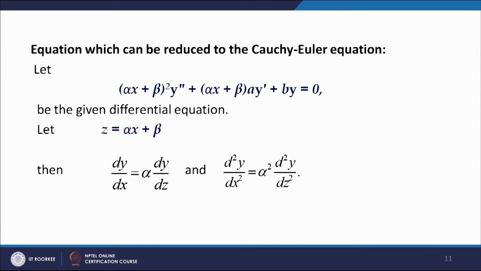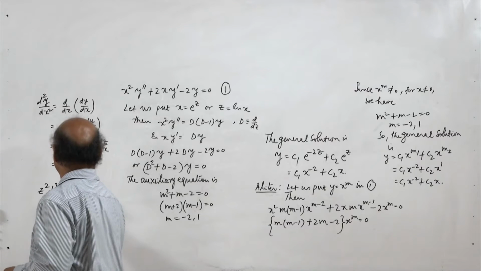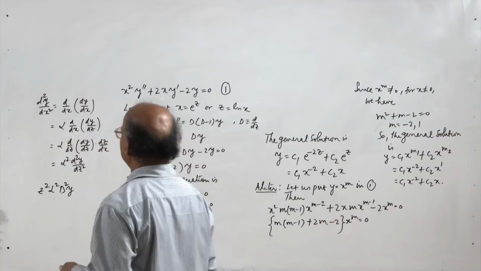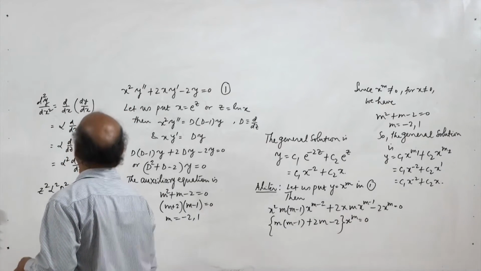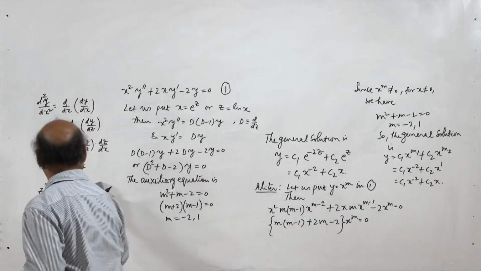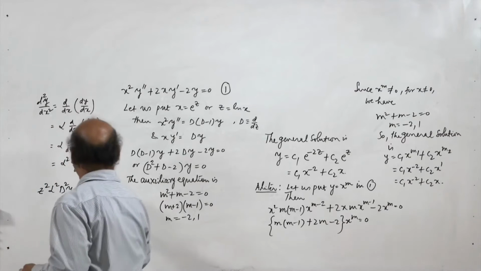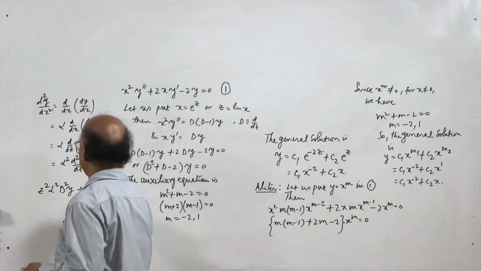Then we shall have alpha square. Okay, so (alpha x plus beta) whole square y double dash, that will be z square y double dash, is alpha square z square d square, where d I am now denoting by d over dz, plus z a y dash, which is z into a alpha dy, and then plus b y equal to 0.